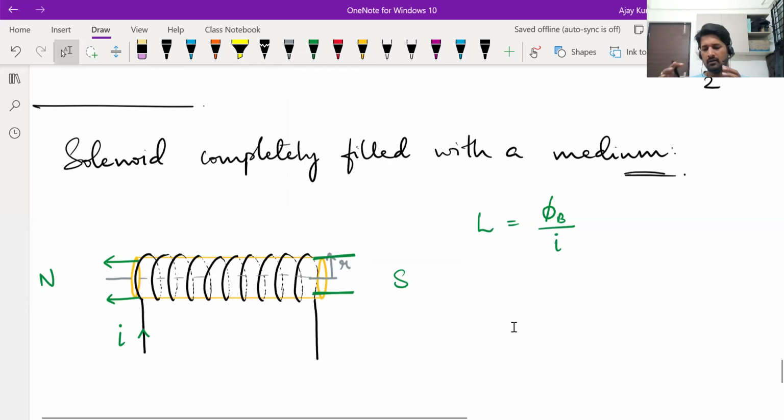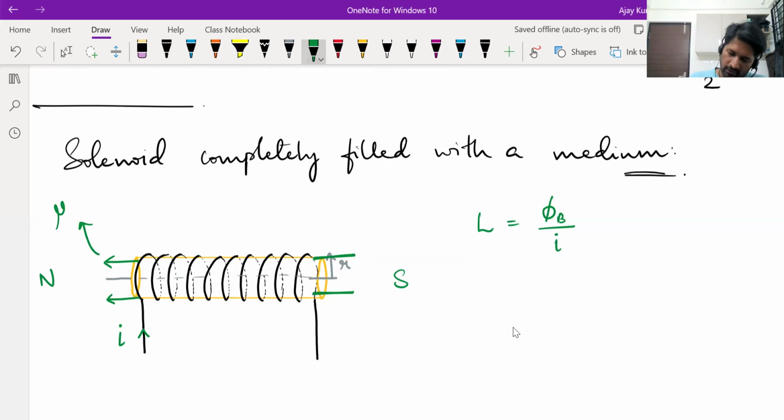So that yellow material that we have considered is now in the presence of the magnetic field produced by the solenoid. Solenoid produces its own magnetic field mu naught Ni in vacuum. That field produced by the current in the solenoid is an external field to this material. Now the material will produce its own magnetic field.